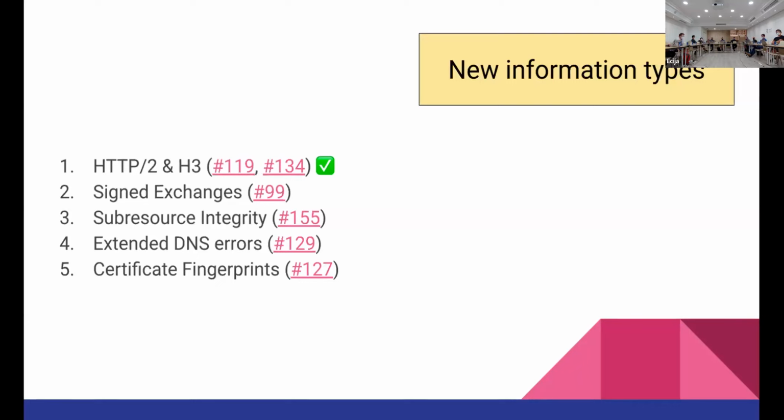The other ones there, I don't believe that we've talked about them here. So signed exchanges, number 99, is an old issue that says signed exchanges, as a method of sending resources through a different path than the traditional contact the origin server and get the resource, can have different failure modes in terms of certificate verification. And maybe we want to include those.